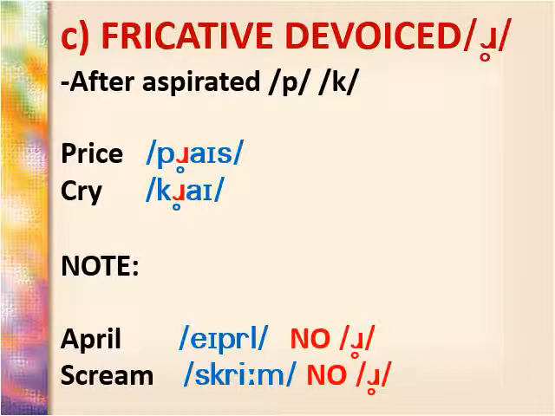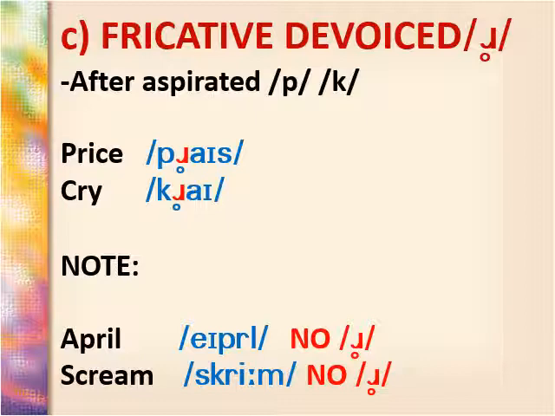Have a look at the word April. Here there is no devoiced fricative R, just the normal approximant. Why is this? Because the P in April is not aspirated. Scream.